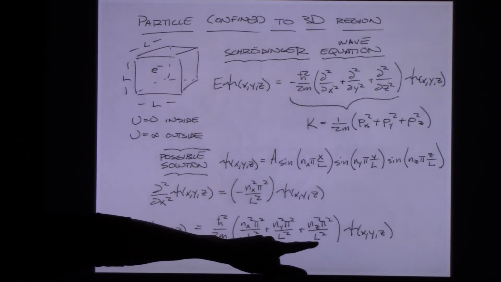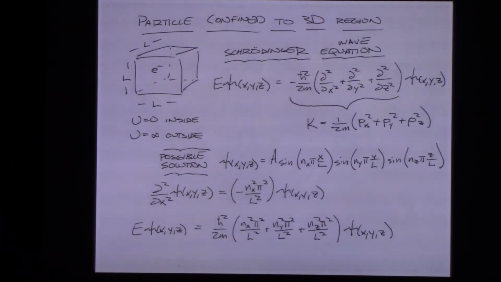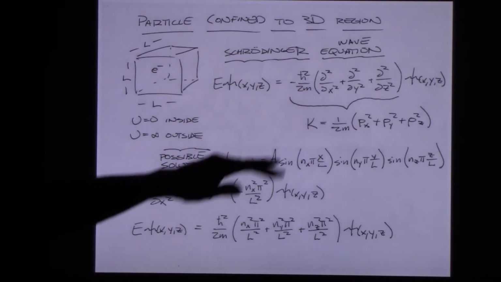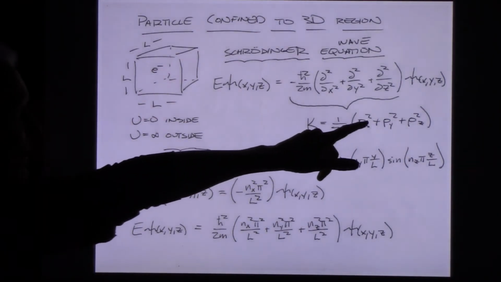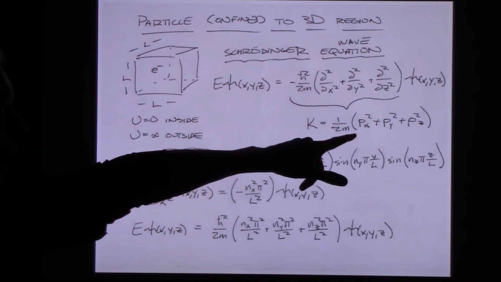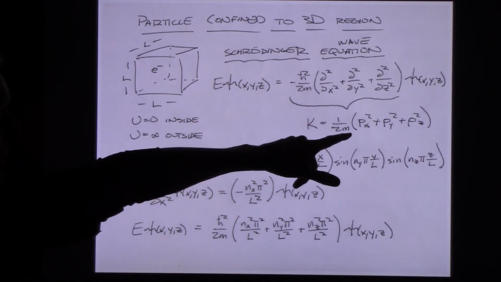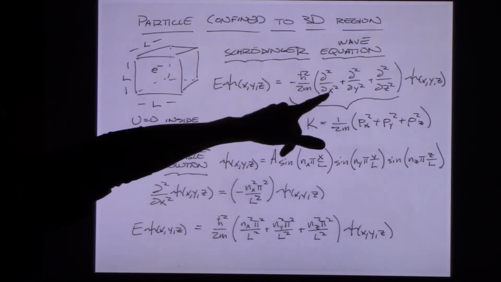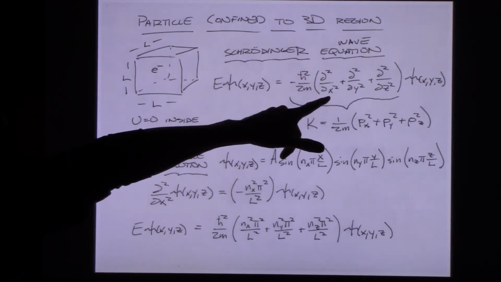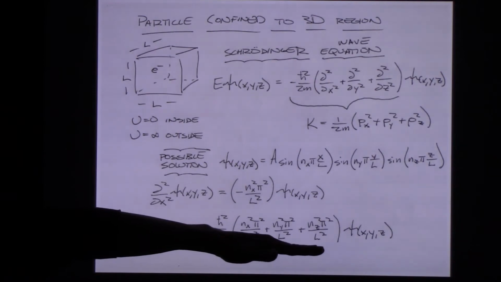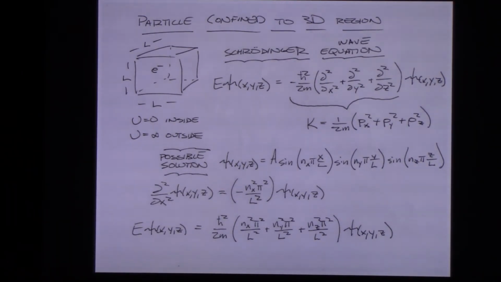And when I get to the z dependence, I'll have nz squared pi squared over L squared. So that Schrodinger equation is based on the summation of momentum squared, px, py, pz. This is a summation of second partial derivatives, and the energy formula will be the summation of nx squared, ny squared, and nz squared terms.